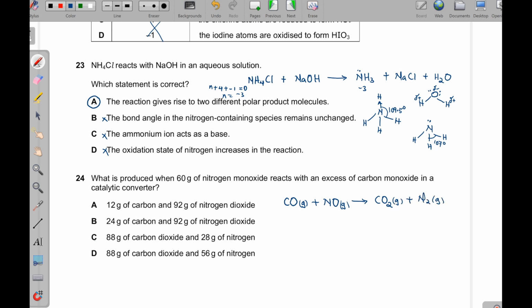To balance this, nitrogen here is 2, so I can put a 2 here. If I put a 2 here, carbon becomes 2, and also here it will become a 2. Then oxygen is 4, that is 2 plus the 2. That is that.